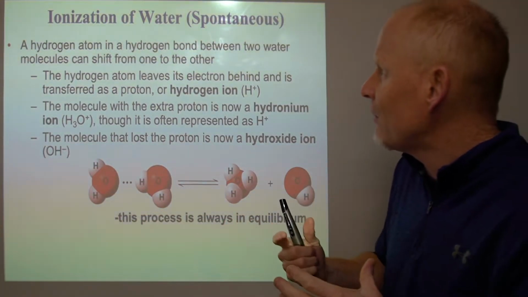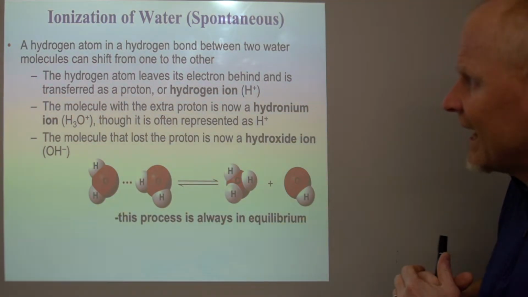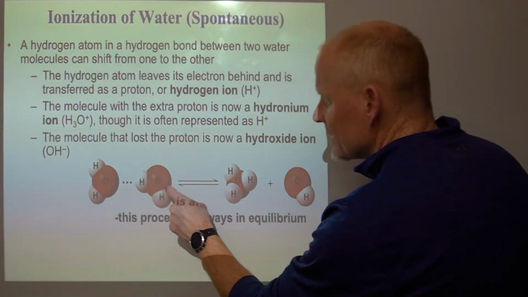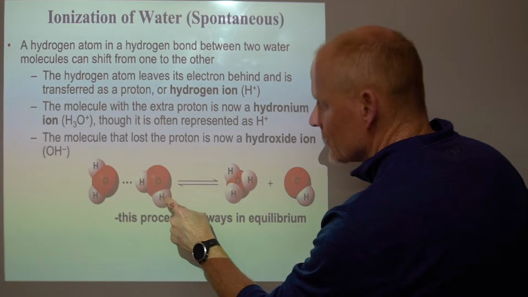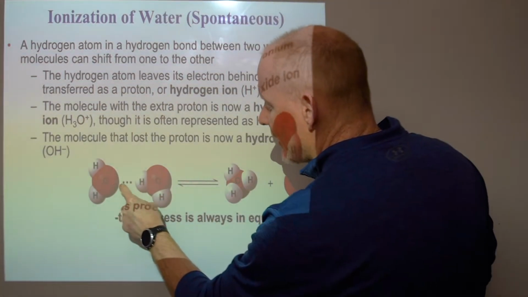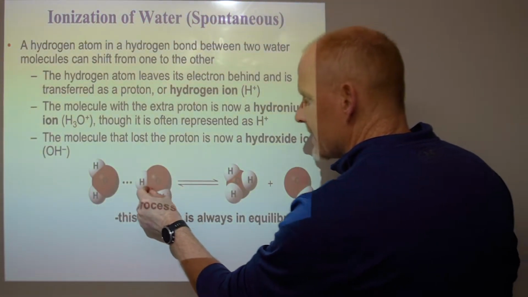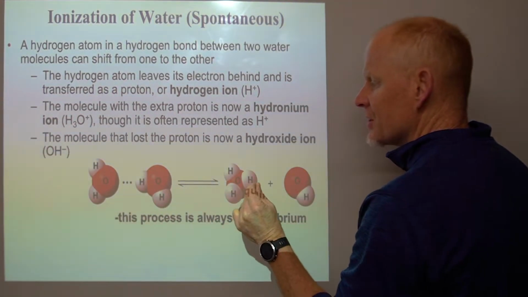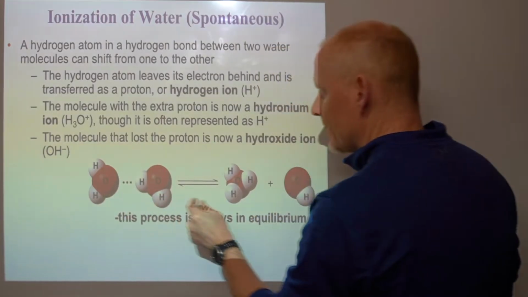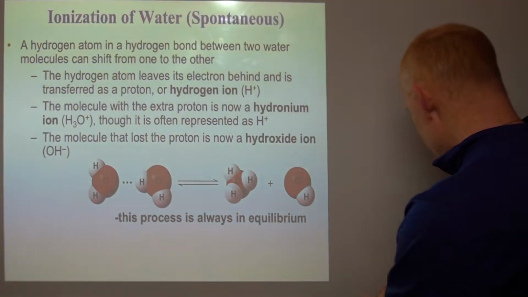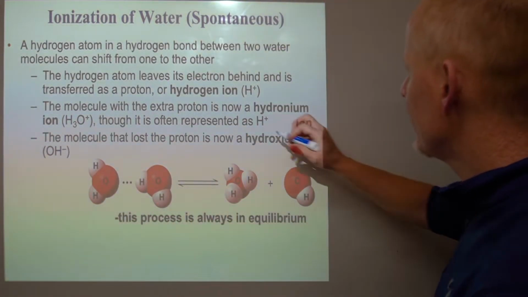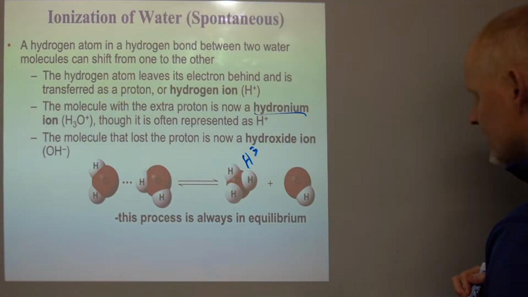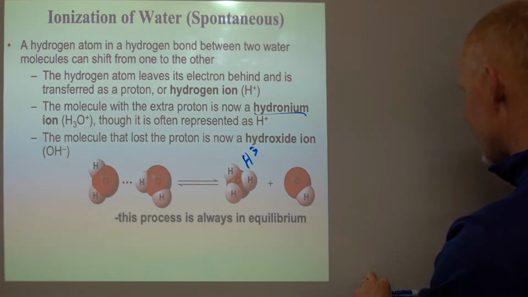So what do I mean by water spontaneously ionizes? Well, if you've got two water molecules next to each other, every once in a while, one of the water molecules will basically draw off. It's hydrogen bonded, but this attraction between the proton and this opposite oxygen is so strong that it actually pulls the proton off and forms what's called a hydronium ion, which has an H3. So it's H3O instead of H2O.